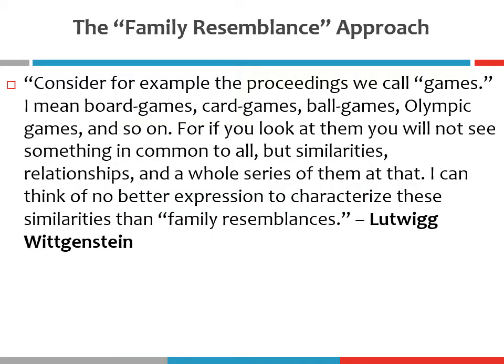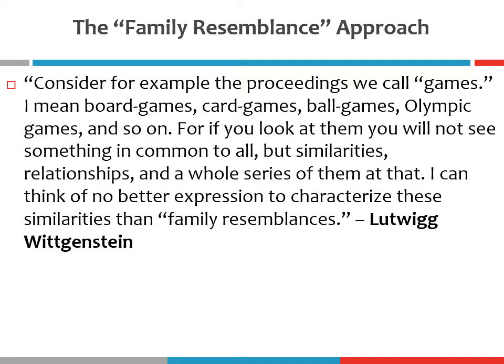Okay, so how do we reconcile this? So how do we come up with a theory of categorization that recovers from some of the shortcomings of the definitional approach? Well, a researcher by the name of Wittgenstein proposed a different idea. So he proposed what's called the categorization approach of family resemblance.